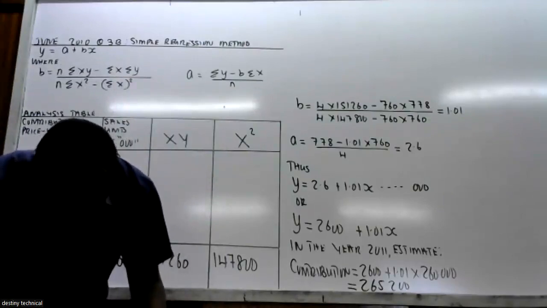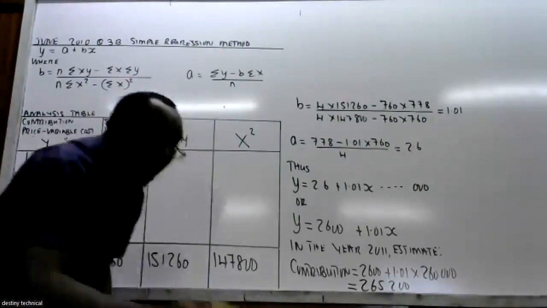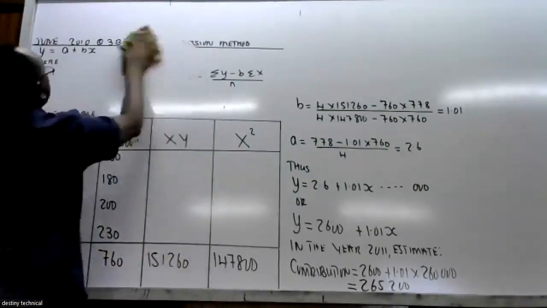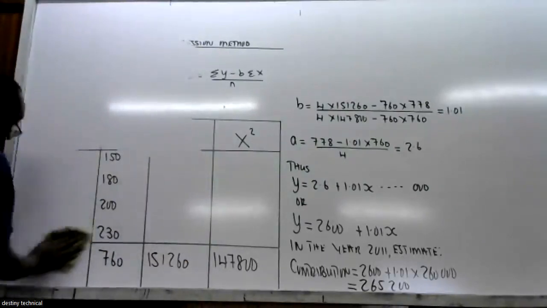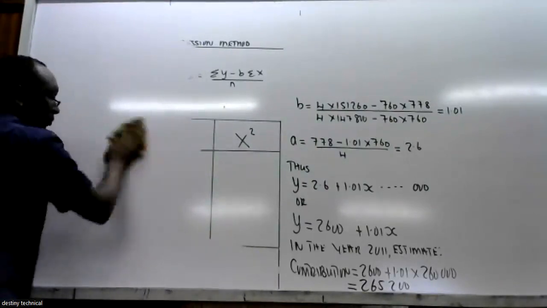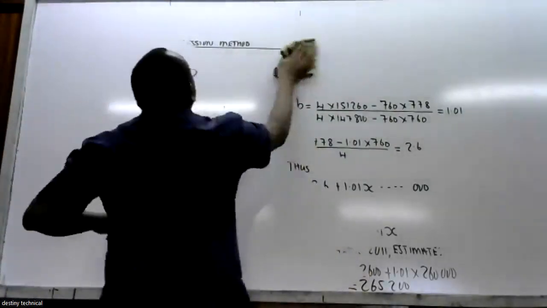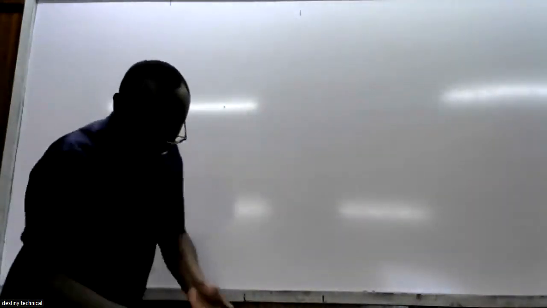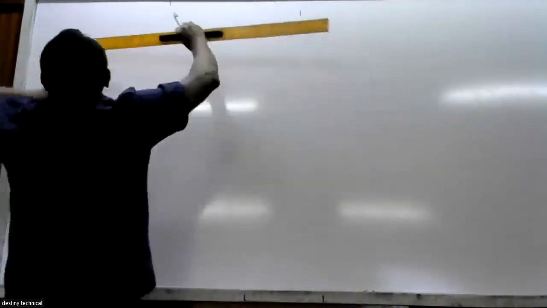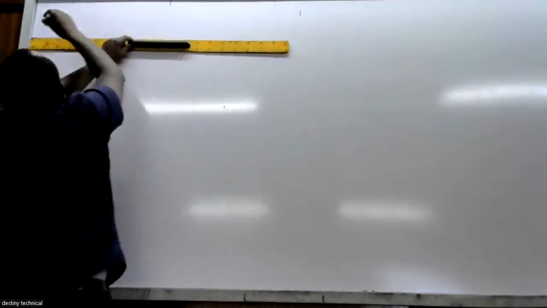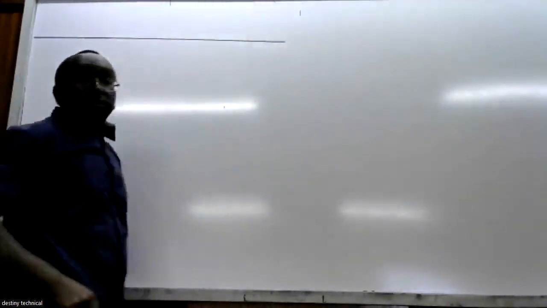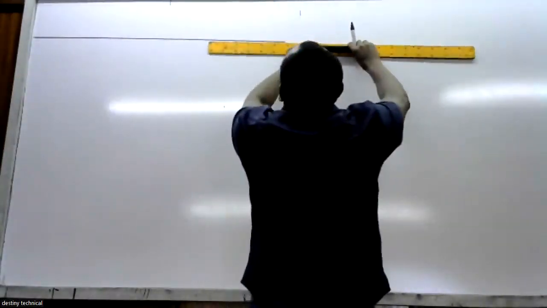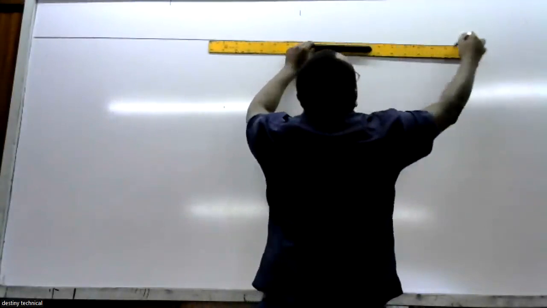Here are these methods of regression, which is called testing reliability of the equation.